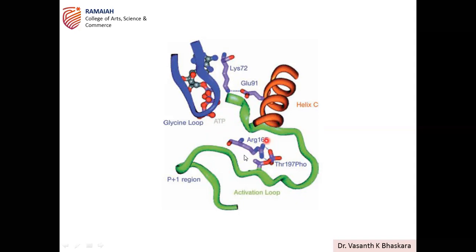And then this is the activation loop. Then the activation loop is with the C helix, and then the last one is the inhibitory sequences. So all these regions have a very important role in protein kinase function and its regulation.